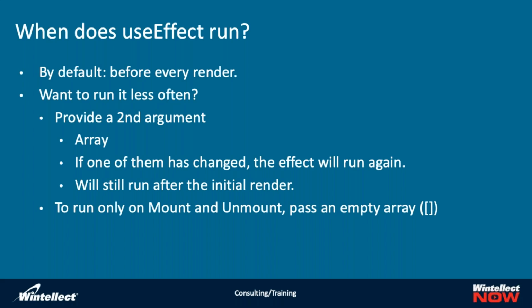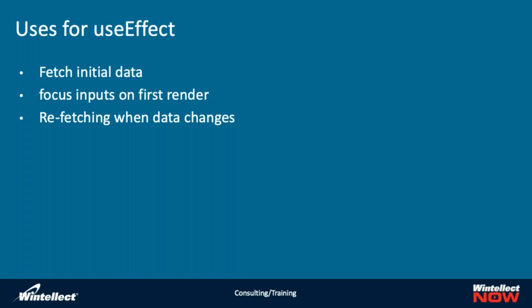If you want to run an effect only on mount or unmount, you can just pass in an empty array. useEffect is great for fetching initial data, focusing your inputs on re-render or on first render, or refetching when data changes. So useEffect is what you use to do AJAX requests and data updates.